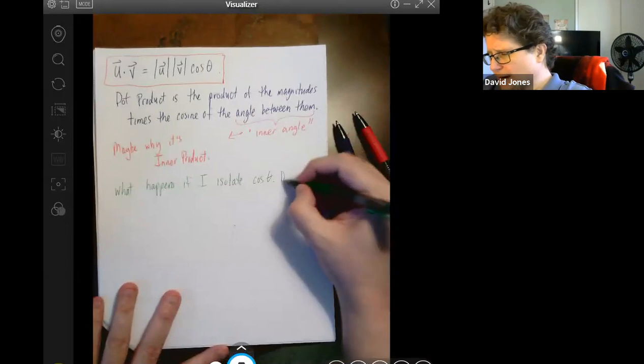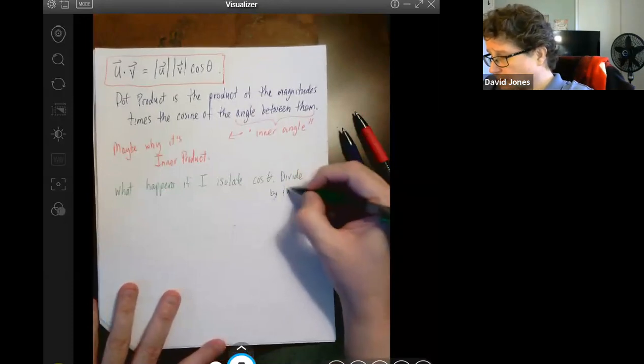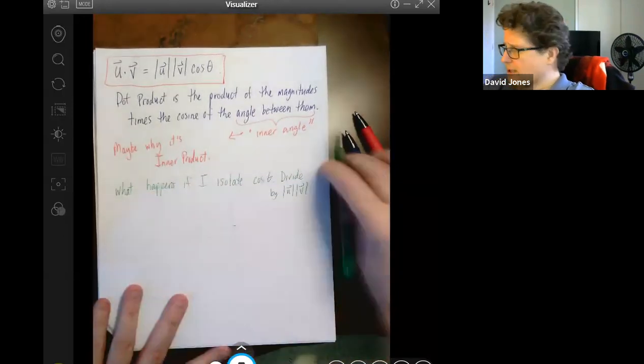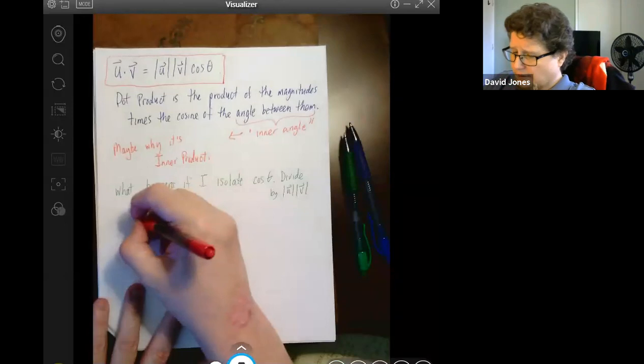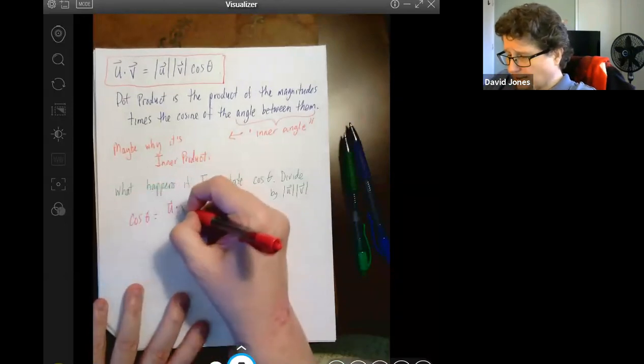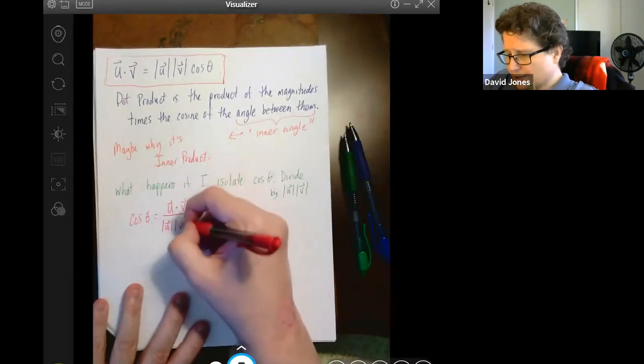I'll divide by the magnitude of u and v, and I get cosine theta equals u dot v over the magnitude of u times the magnitude of v.